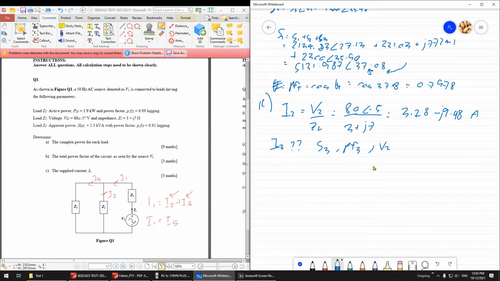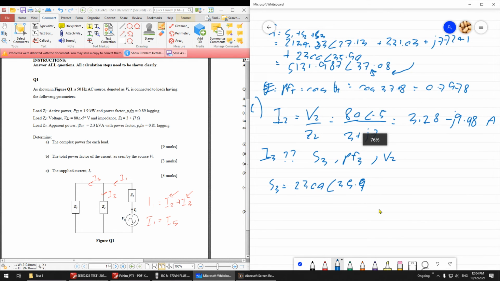For this, I think you can use the complex power equation. Let me check first. So S3 is equal to 2300 angle 35.9. Let me check first. Okay, yeah, 9.